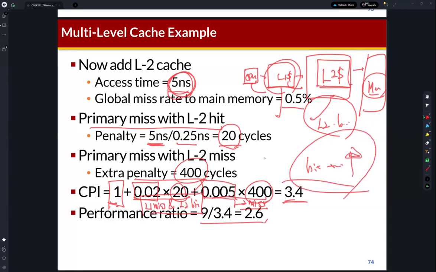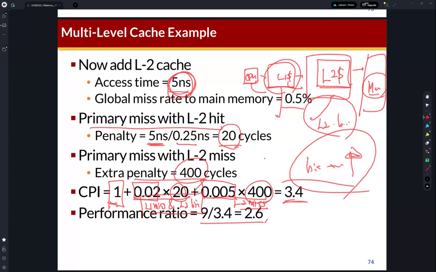So what does that mean? Even though the request is a hit in the L1 cache, if the hit time is high, then the pipeline needs to be stalled, even though the request is a hit in the cache, right?